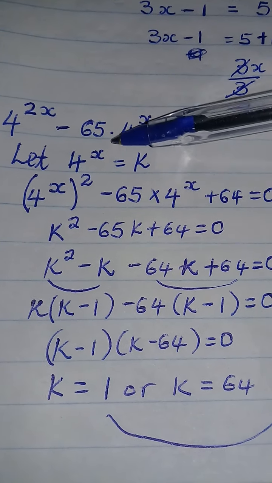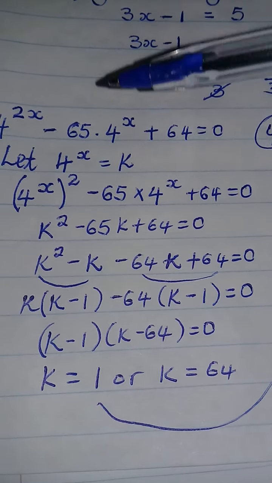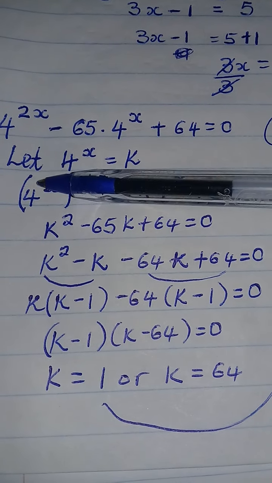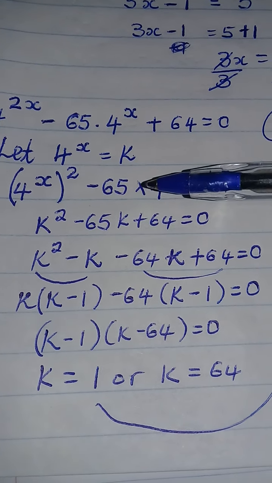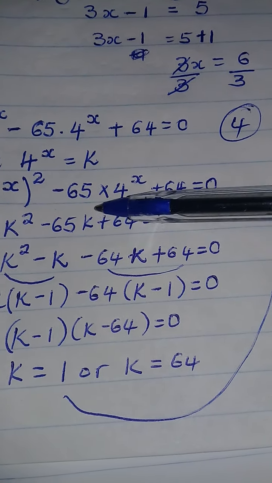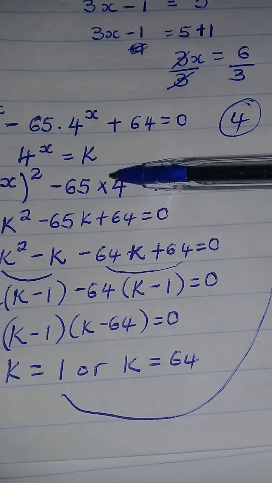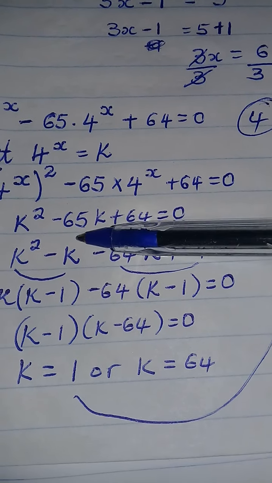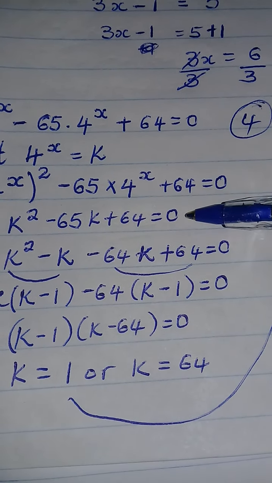So wherever you see 4 to the power x, you must put what? A k. Then k to the power 2, it is k squared. Then here is a multiplication. You multiply negative 65 times k. That gives you negative 65k plus 64 is equal to 0.